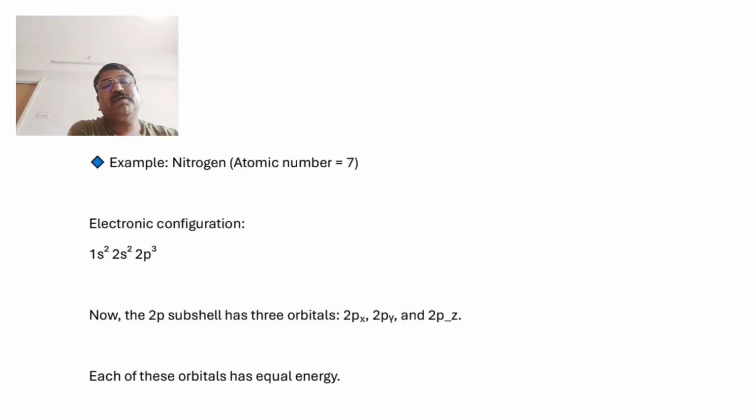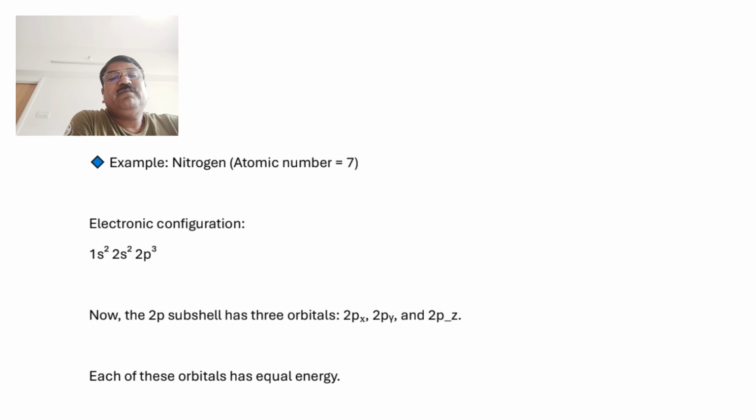Maximum capacity of the p orbital is 6. As the nitrogen atom has 7 electrons, its electronic configuration is as shown. 2 electrons in the first energy level, that is 1s2, 2 electrons in 2s2, and 3 electrons in the 2p orbital.